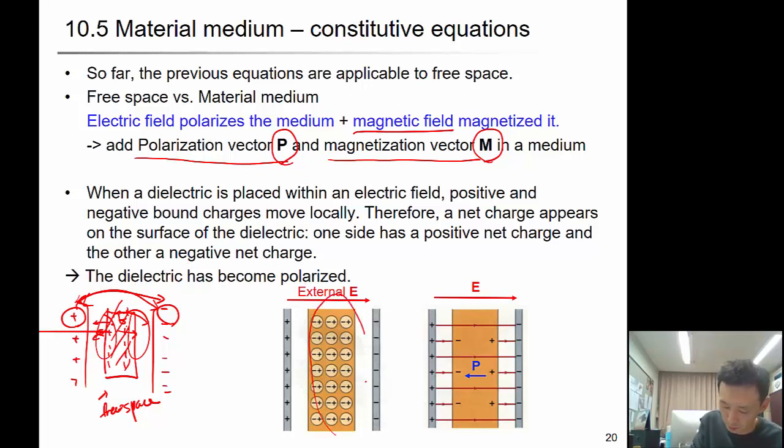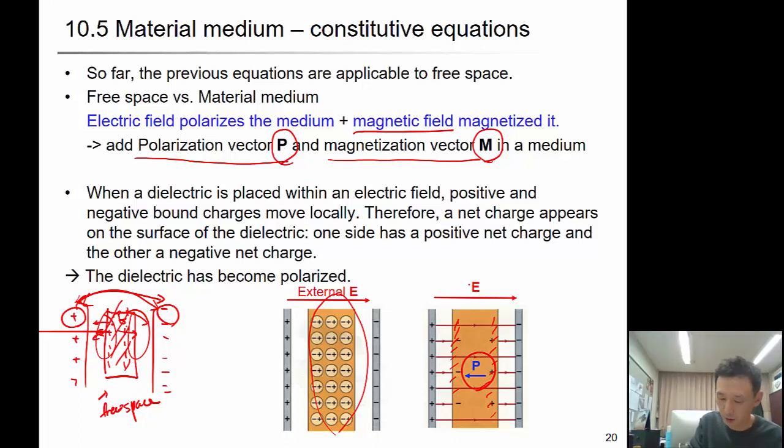So if this is the dielectric material, then the negative charge will be concentrated here and the positive charge will be concentrated here, and then you get the polarization vector P in this direction, and the material is now polarized.